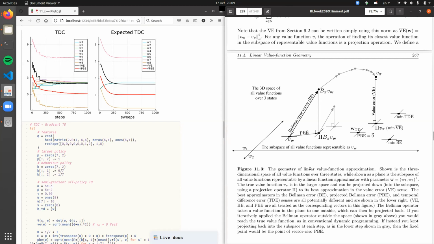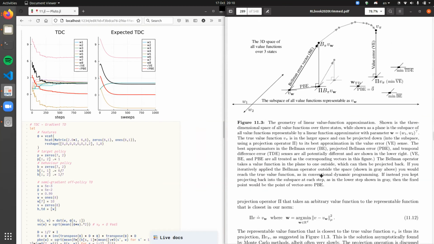The final solution we arrive at using, for example, the point in the function approximation space that minimizes the average temporal difference error, or Bellman error, or projected Bellman error, can be different in each case, and that makes things a bit complicated.